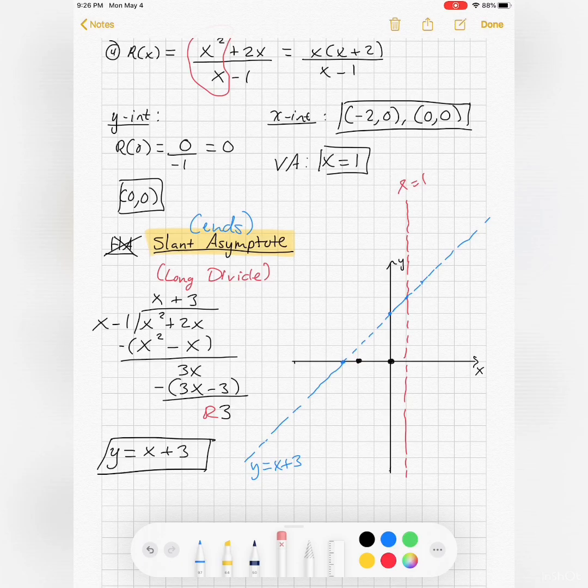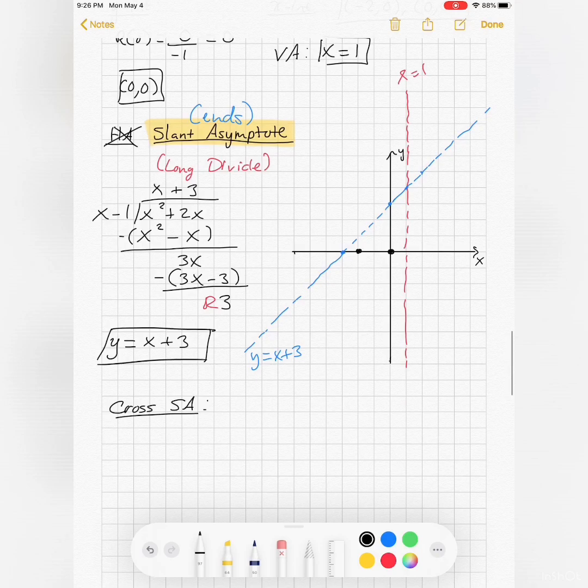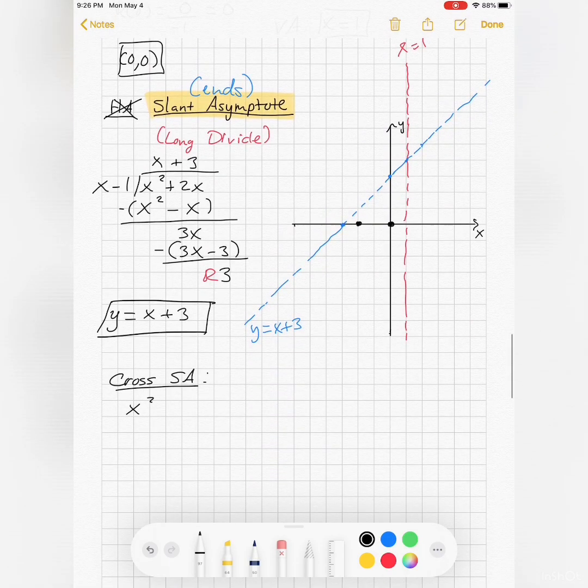So then we need to check, would it be possible that the slant asymptote could be crossed? Well, if I set that equation up, what am I looking at? I'd have x squared plus 2x over x minus 1. And I'm saying, is that ever equal to x plus 3?